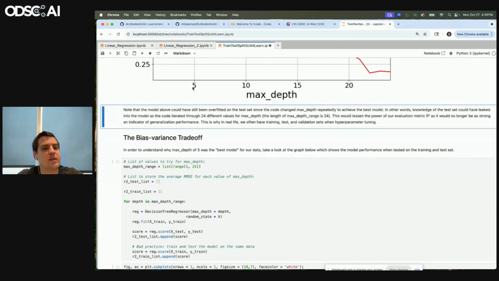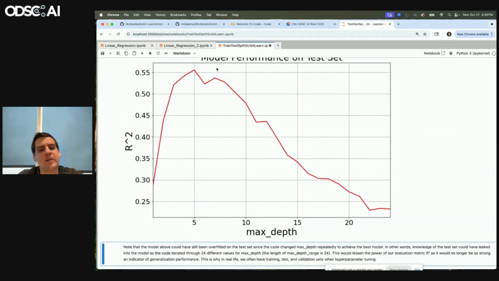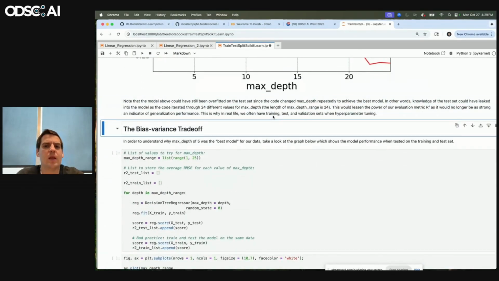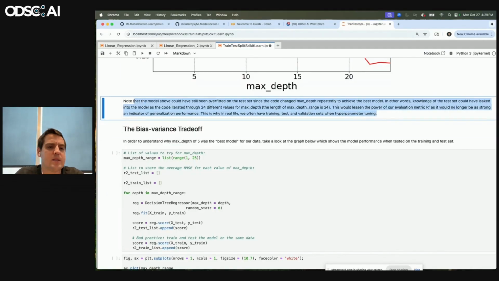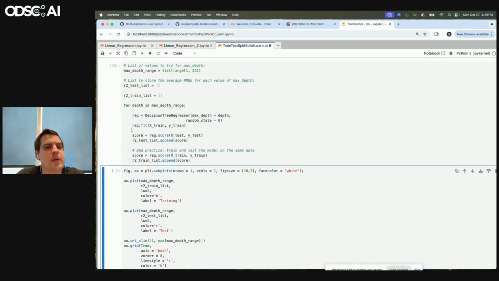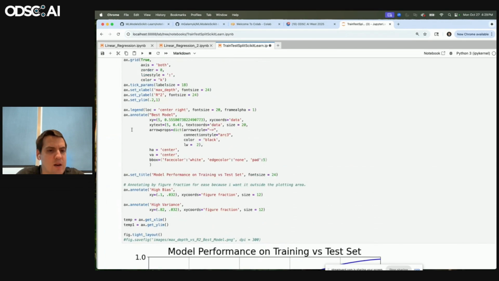And then one thing you notice is that when I make max depth really high, the performance goes down quite a lot. So this is not the best Python practice. And if you're curious, I really recommend you go through these notebooks in detail and spend a couple hours on them. But what you end up finding over here is something called the bias-variance trade-off.